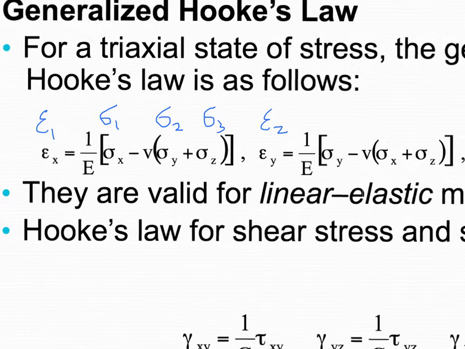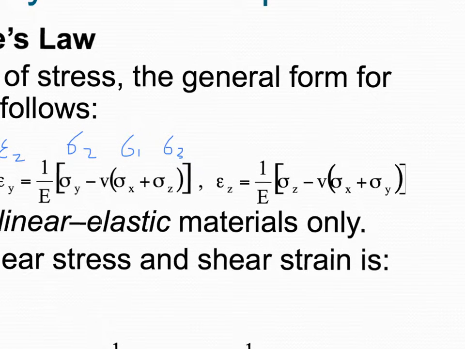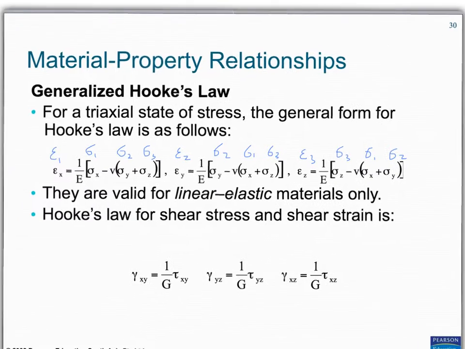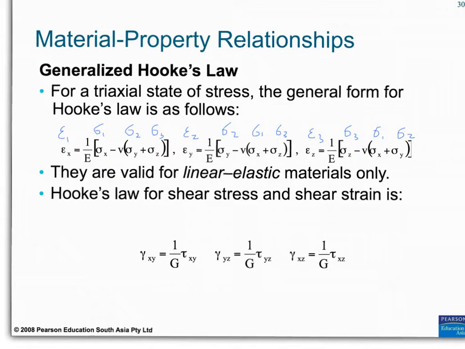Strain 2, so principal strain 2, stress 2, stress 1, stress 3, same thing here, strain 3, stress 3, stress 1, and stress 2. So this becomes useful when we're using our strain gauges to find principal stresses and maximum shear stress later on.